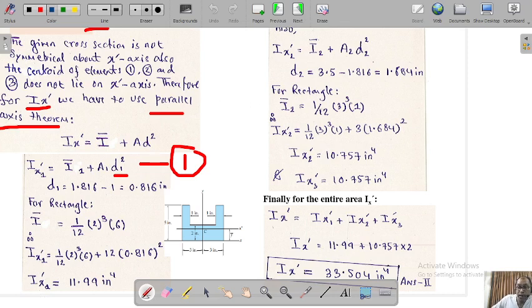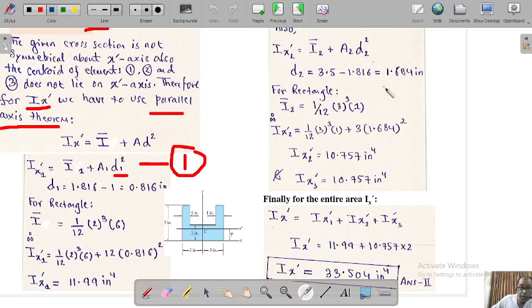For this rectangle, it will again be 1 by 12, because it is along Ix2, written here as I2 bar. So it will be 1 by 12, 3 the whole cubed, multiplied by 1.